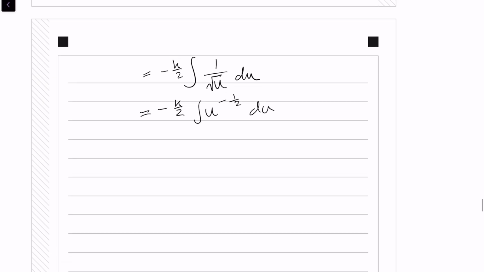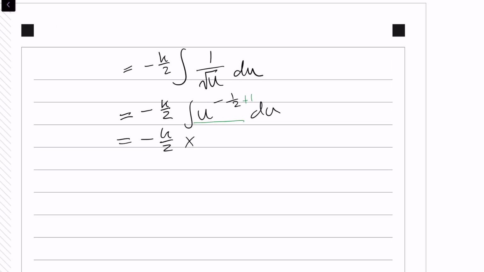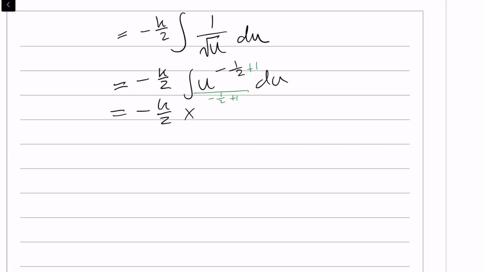Integrating that with respect to u, if I add 1 to the power and then divide by what I've added, I'm going to have a half on the bottom, so I'm going to be timesing by 2 essentially, 2u to the power of negative half plus 1, which is a half.